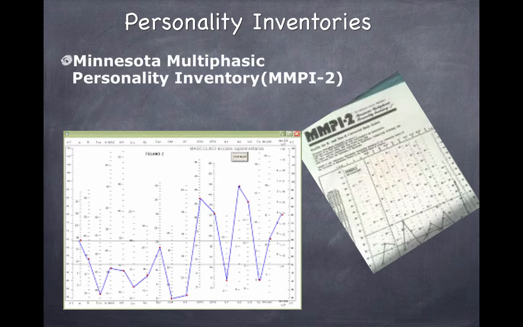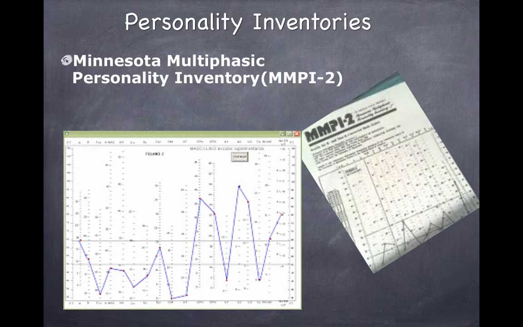The MMPI, the Minnesota Multiphasic Personality Inventory, is one example. It's a widely used and heavily researched personality inventory. It aids in diagnosis of psychiatric problems and disorders. Originally, it was administered to a group of psychiatric patients.